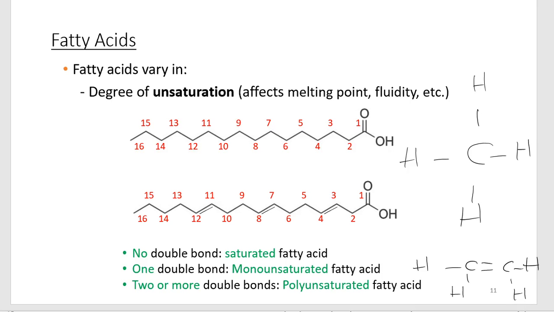If there is no double bond, we call it saturated fatty acid. If there is one double bond, then it's monounsaturated fatty acid. If it's two or more double bonds, then polyunsaturated fatty acid.